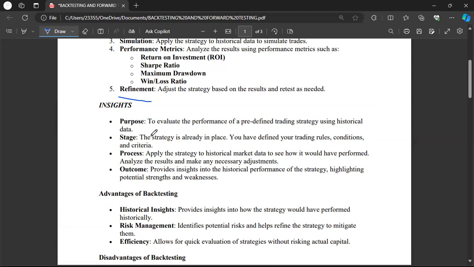Now, what is the purpose of this? It is to evaluate the performance of a predefined trading strategy using historical data. We have said this already, right? So the strategy is already in place. You are not developing the strategy here. This strategy, you have already developed it in the video that I talked about.